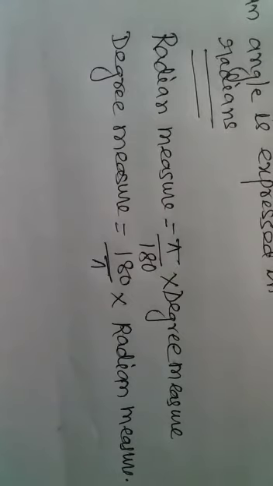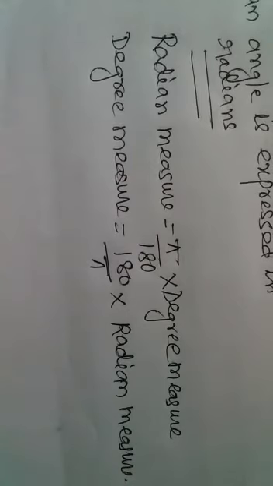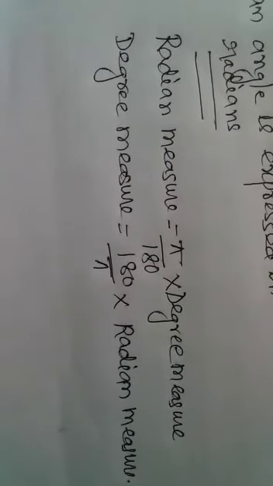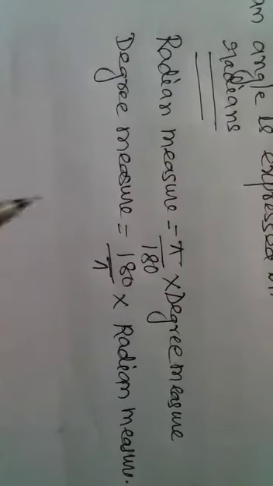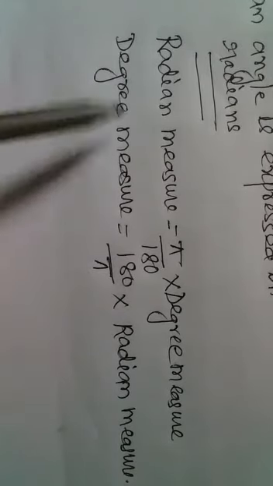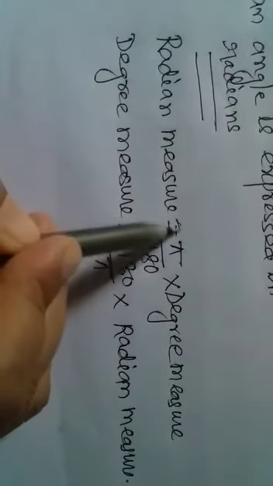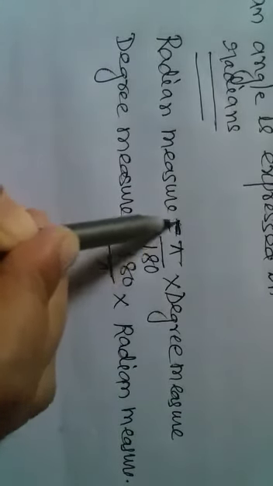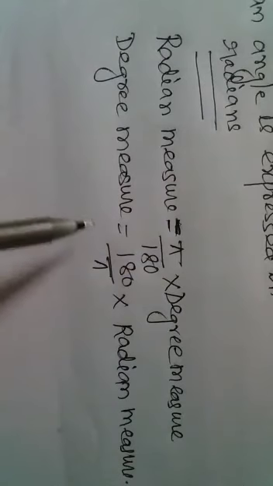We are writing pi is equal to 180 degree, and pi by 4 is equal to 45 degree. Now we understand how to write in radian measure and degree measure. So radian measure is equal to pi by 180 into degree measure, and degree measure is equal to 180 by pi into radian measure.